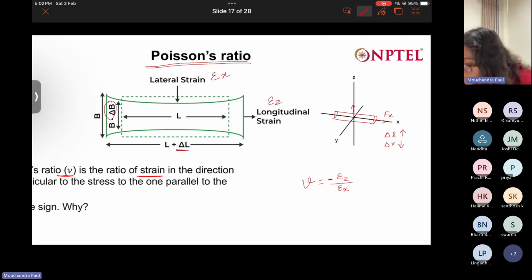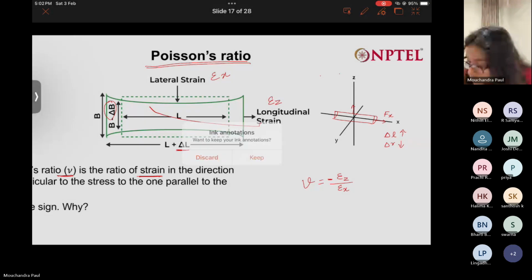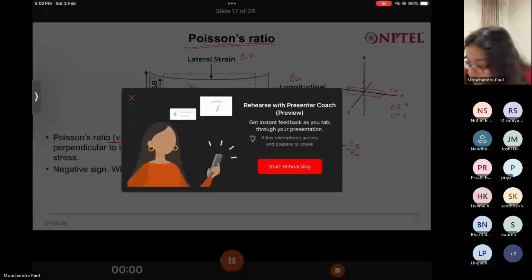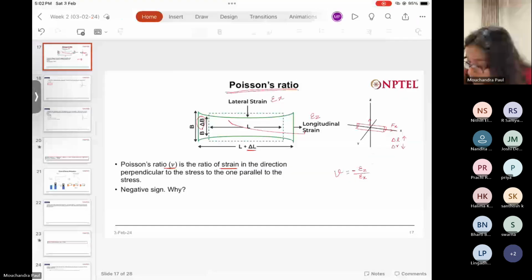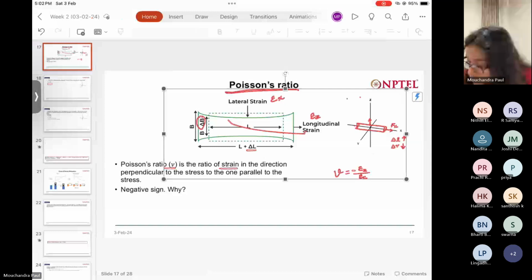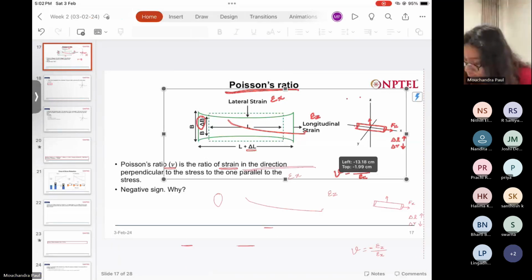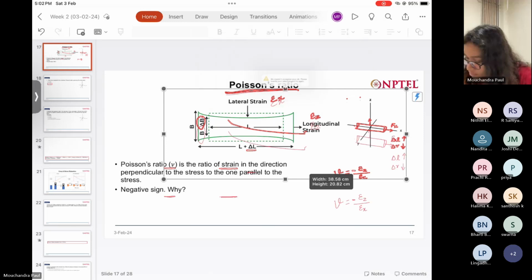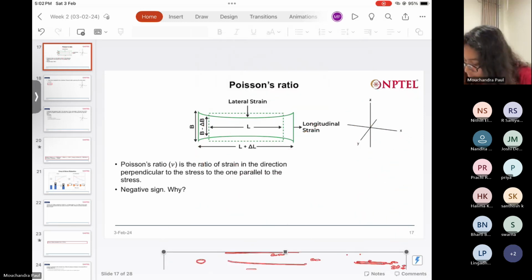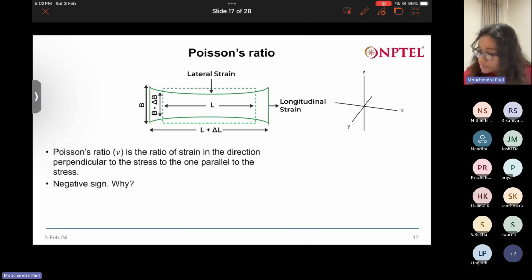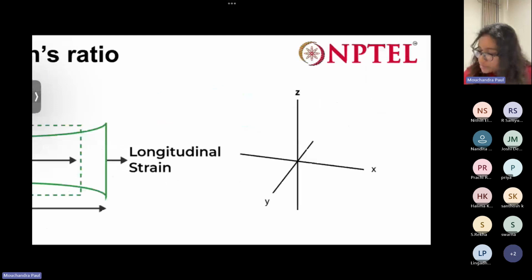Now suppose you are having another piece of cylinder. The orientation is something like this.